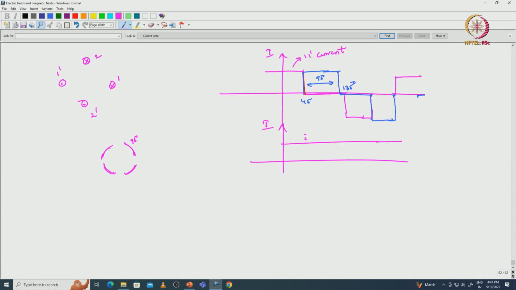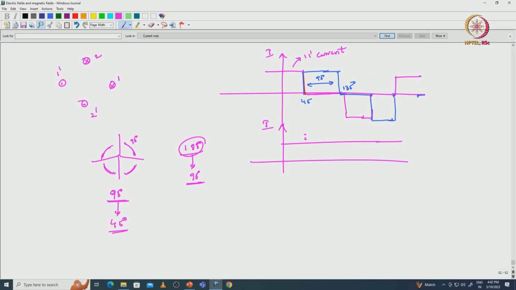Okay. Why I mentioned 45 degrees means half of the commutator angle we are changing the currents. Okay. With respect to the 180 degree commutator rings we are changing at 90 degrees to get the continuous torque, and with respect to the 90-degree commutator rings, we are changing the current at a 45-degree span to get the continuous torque.